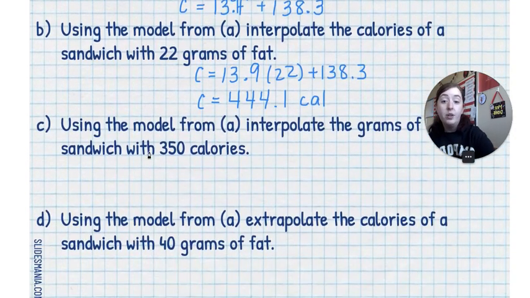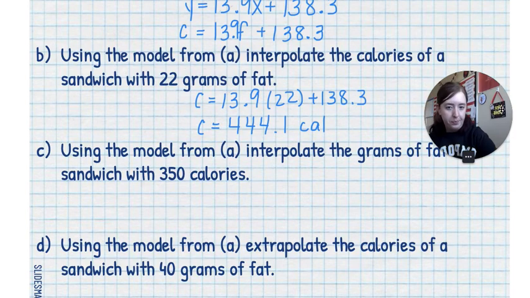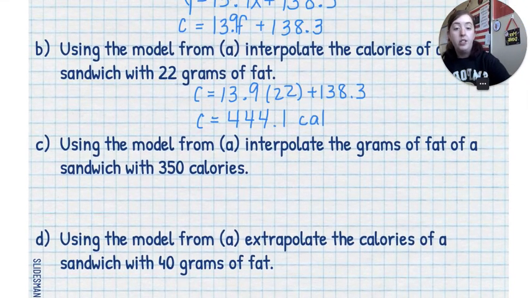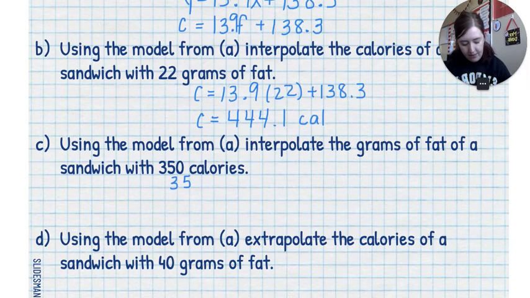Now we can also go backwards from that. So on this one, they're going to tell me that I want to interpolate the grams of fat for a sandwich that's 350 calories. So in this case, I'm going to have 350 equals 13.9x plus 138.3.